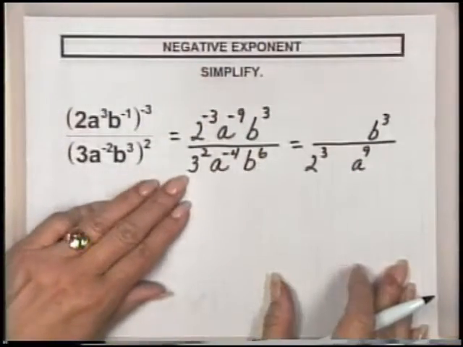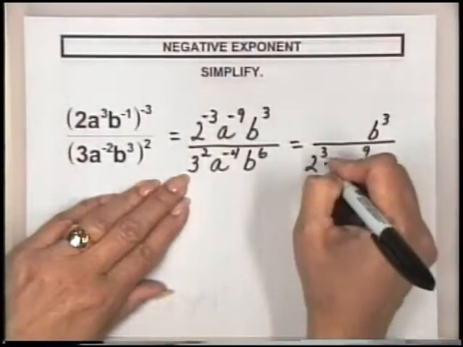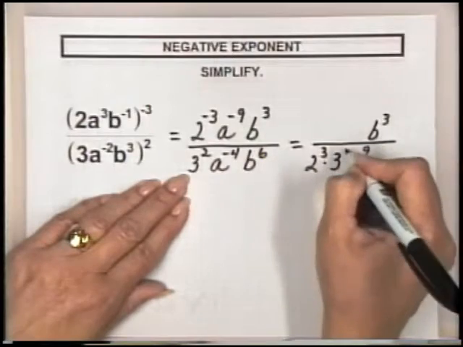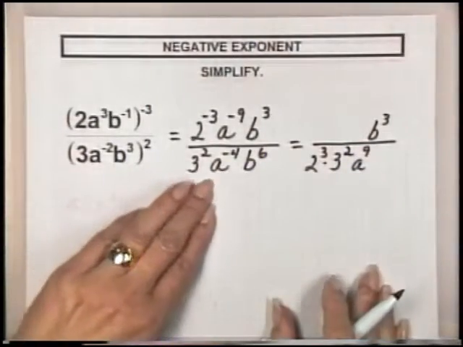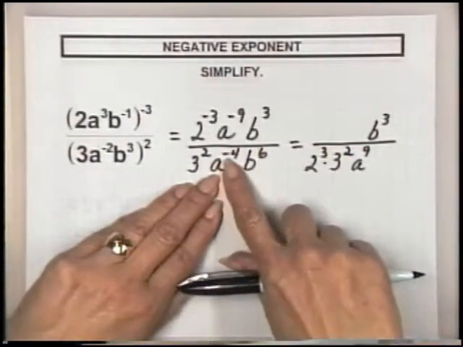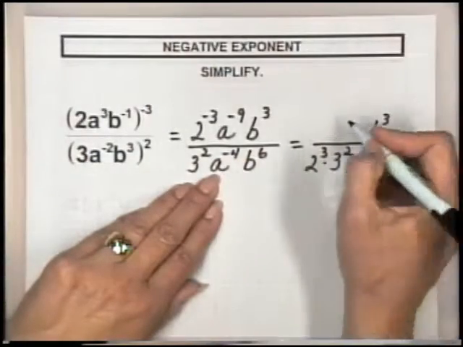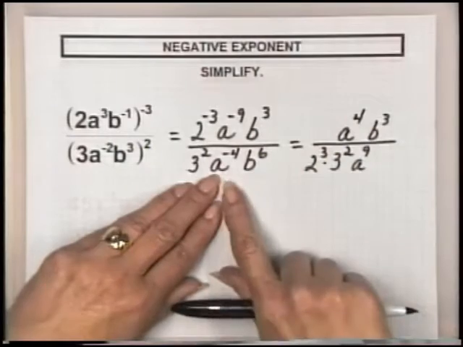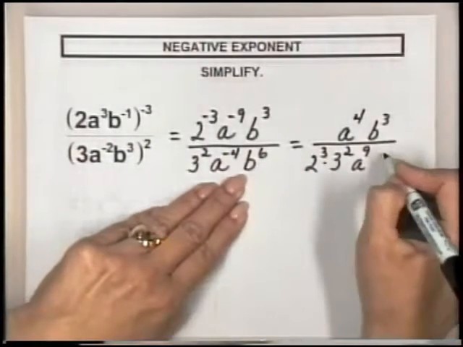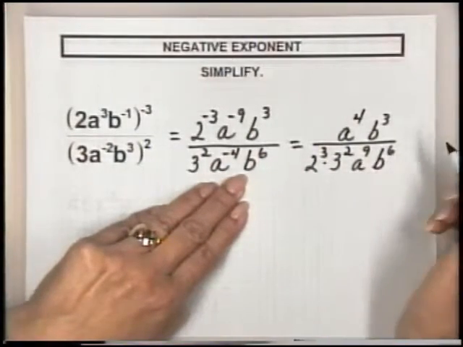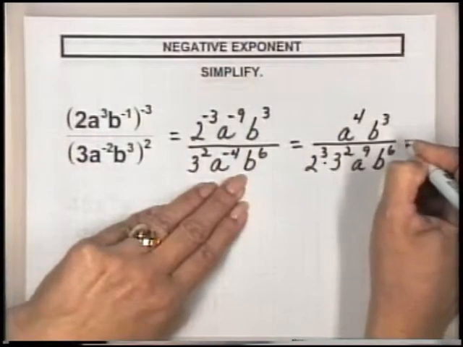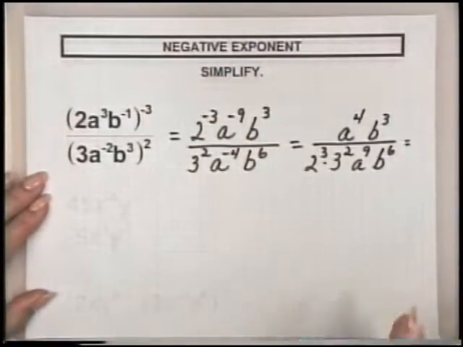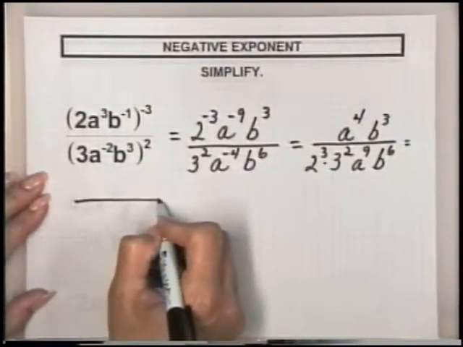The b cubed will stay in the numerator because it has a positive power. The 3 squared will stay in the denominator because it has a positive power. The a to the negative 4th power will move to the numerator because it has a negative power. The b to the 6th will stay in the denominator because it has a positive power.